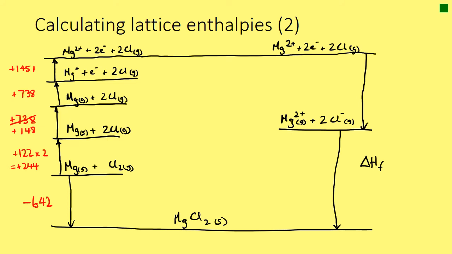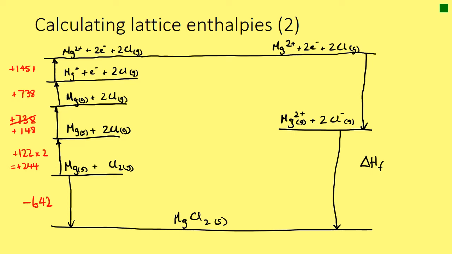That is the first electron affinity of chlorine, and that is an exothermic process. Those chlorine atoms like taking those electrons, so they give out energy in that process.